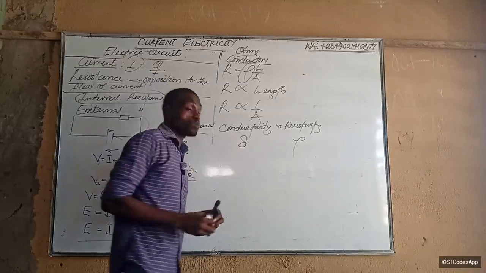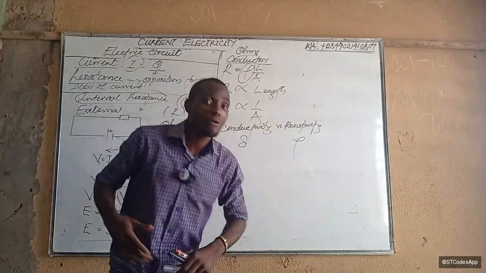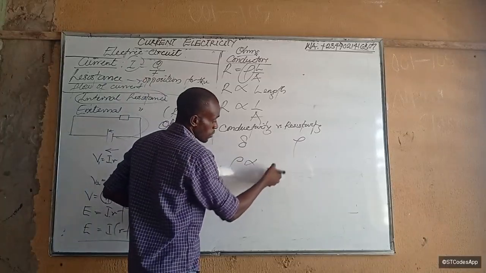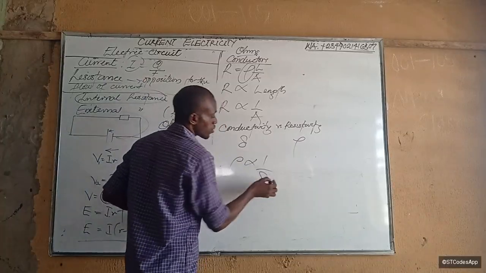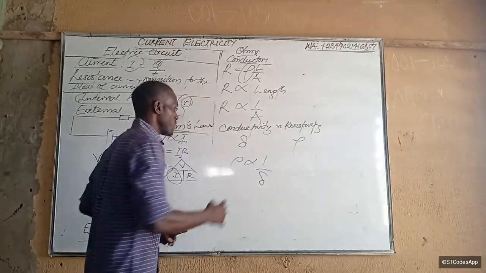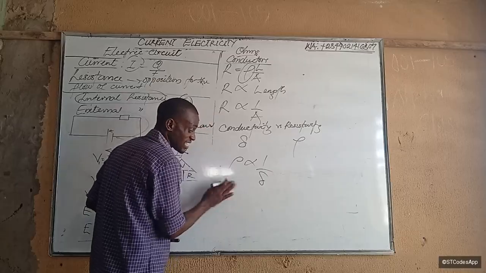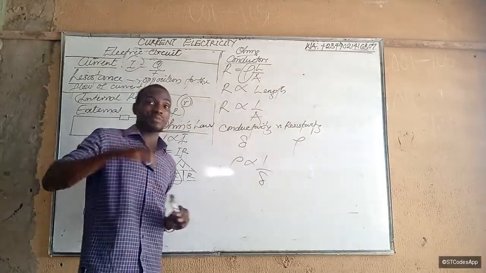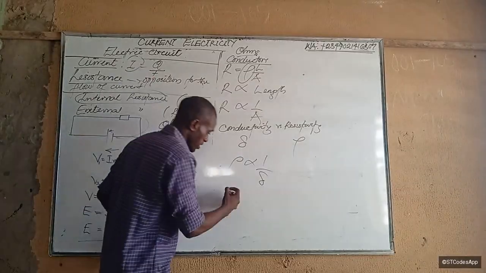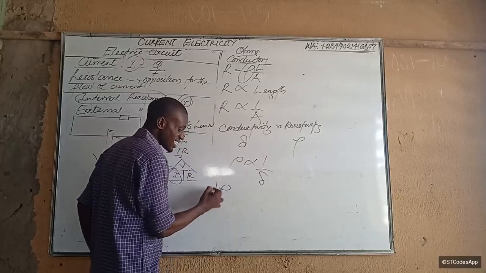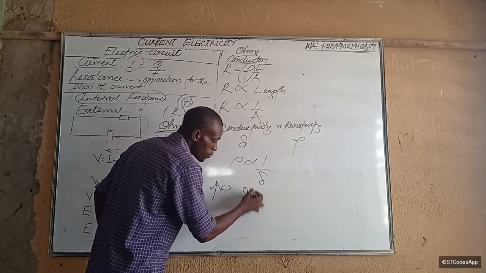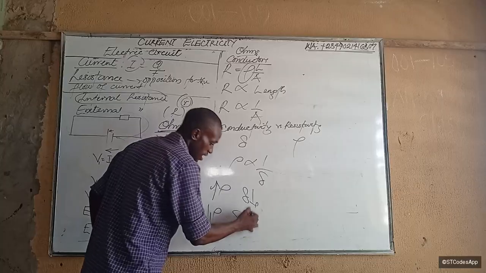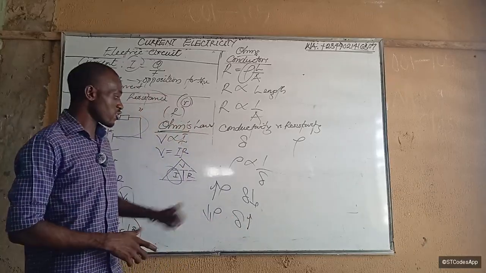Conductivity is how much a conductor allows electricity to pass through it. The relationship between them is inverse. Let me repeat that: if the resistivity is high, the conductivity will be low. If the resistivity is low, the conductivity will be high. Is that clear?